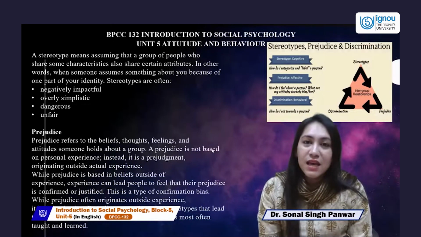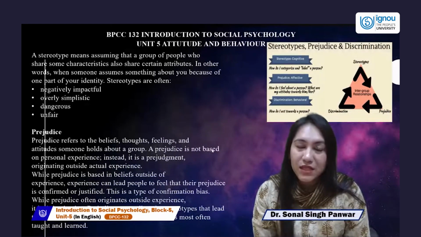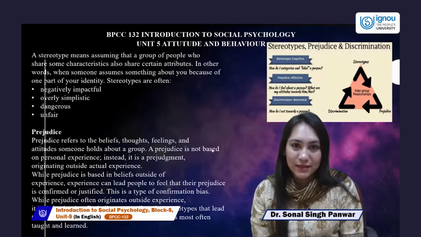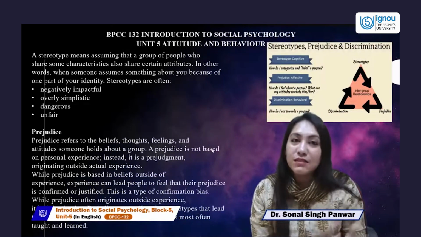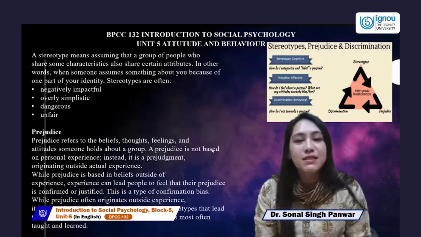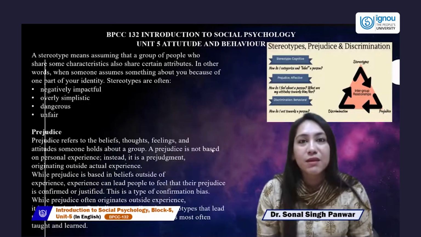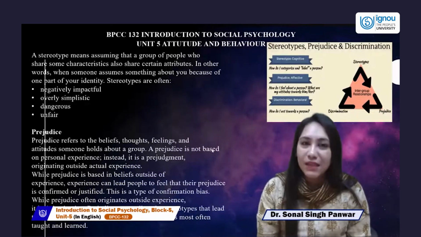At times we could have a negative attitude towards somebody, but our behaviors are not that similar. So not every attitude leads to behavior, but there are some major points which help us understand that some attitudes can and some cannot.